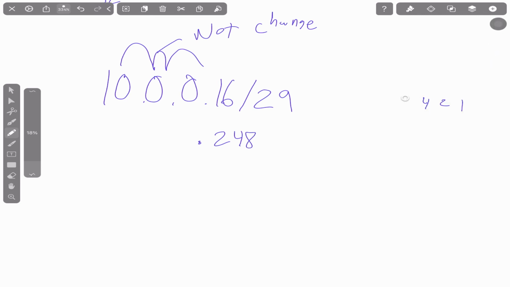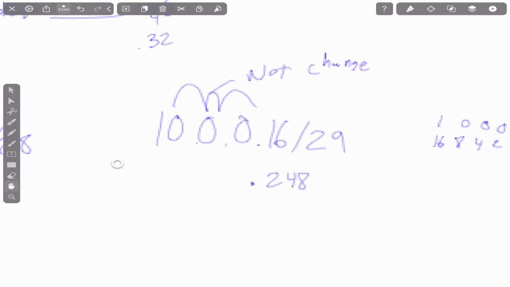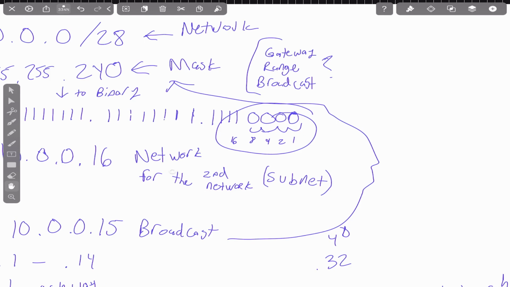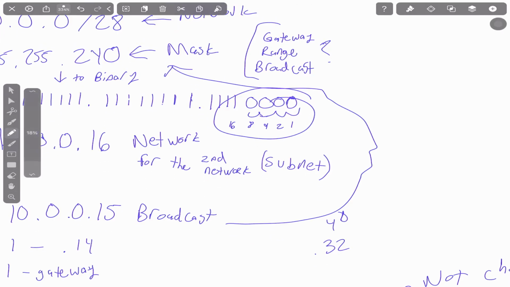1, 2, 4, 8, 9, 10, 11, 12, 13, so one more, 16. I knew that. 1, 0, 0, 0, 0. So 248 in binary is simply, if this is here, we're going to take this, we're going to cut this bit out.